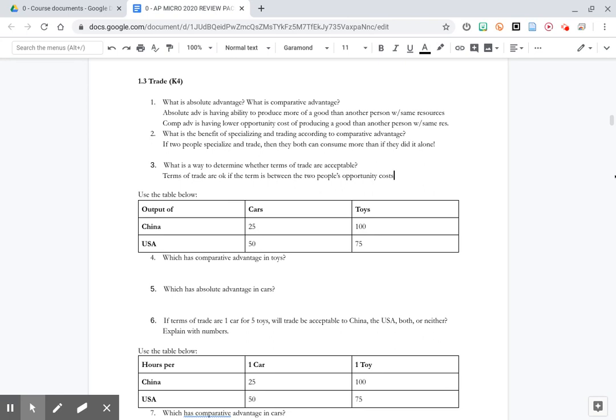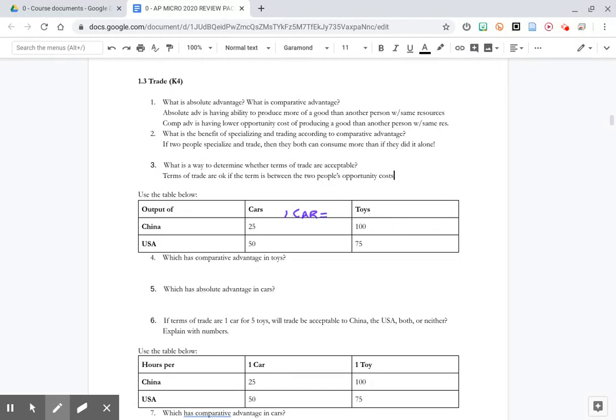So let's take a look at this table below. And I'm going to switch to my pen here, and hopefully it's not too messy. So this table shows the output of China and the US of cars and toys, and it says who has comparative advantage, who has absolute, and then there's terms of trade. So the first thing we're going to do is figure out what their opportunity costs are. We're going to write one car because we're in the cars column.